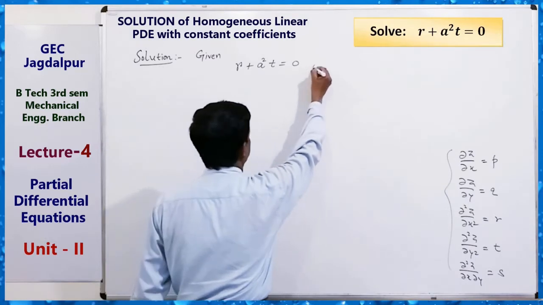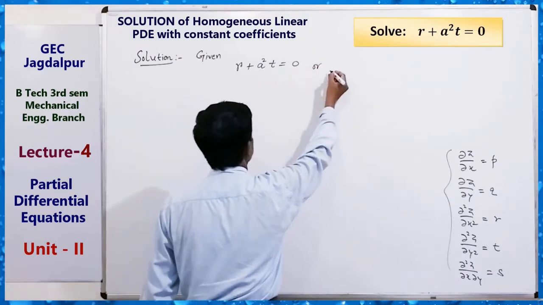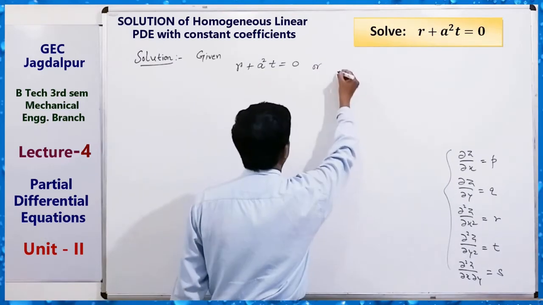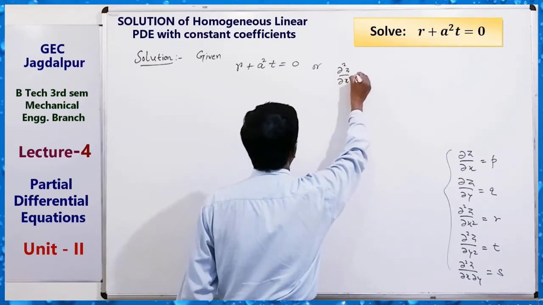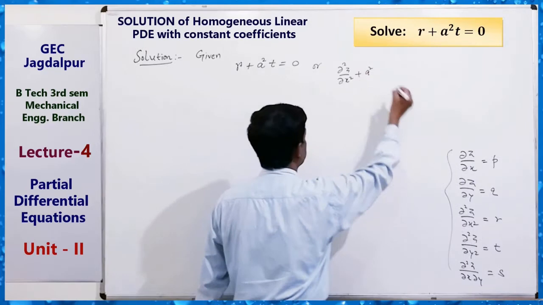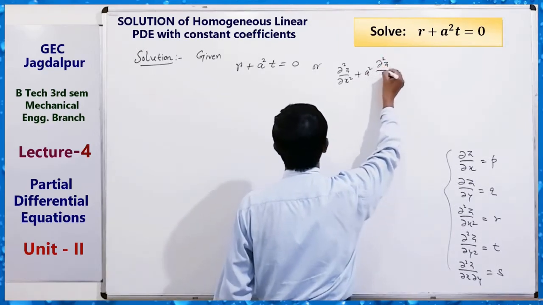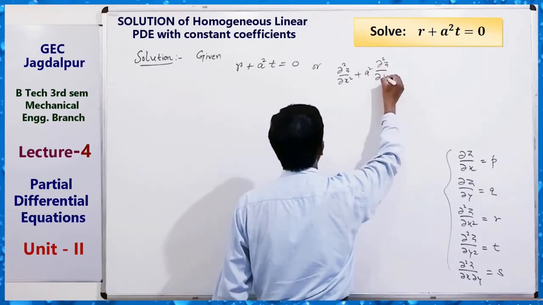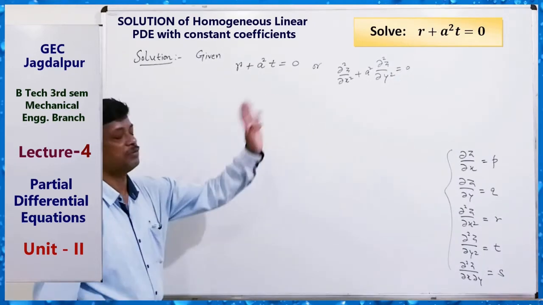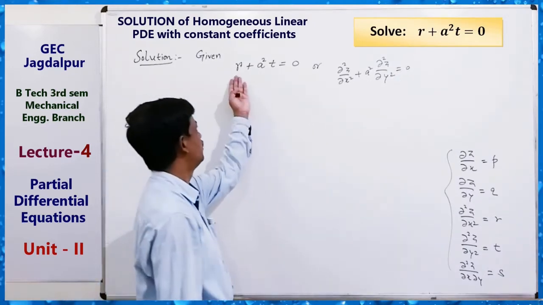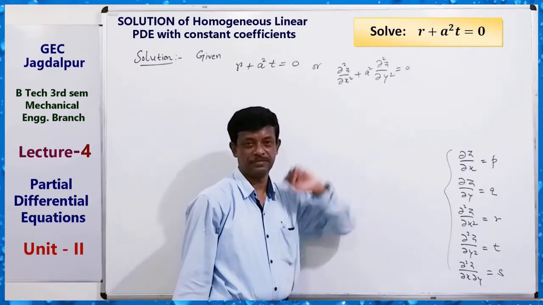So here r means del 2z by del x square, plus a square t, where t means del 2z by del y square, equals to 0. This type of equation. You can write like this or like this.